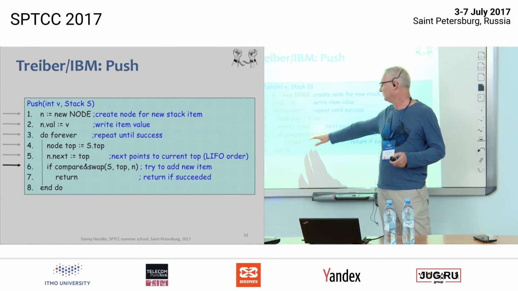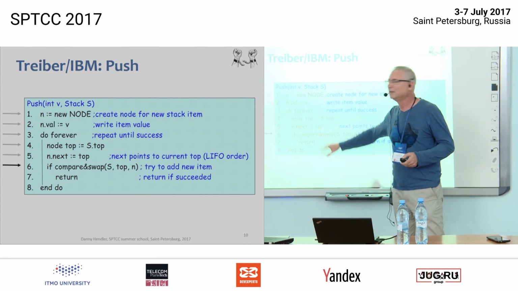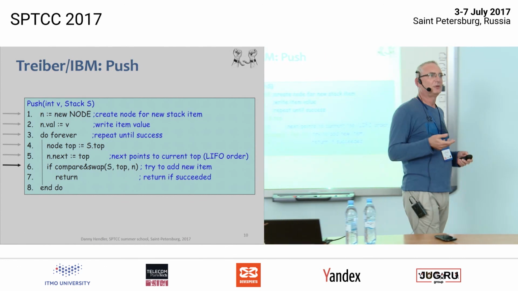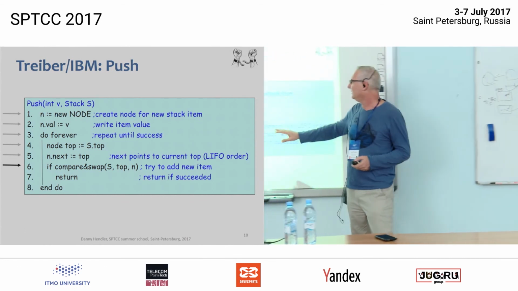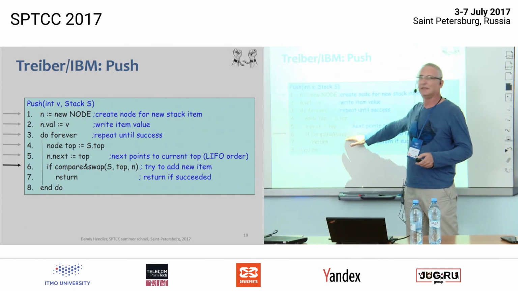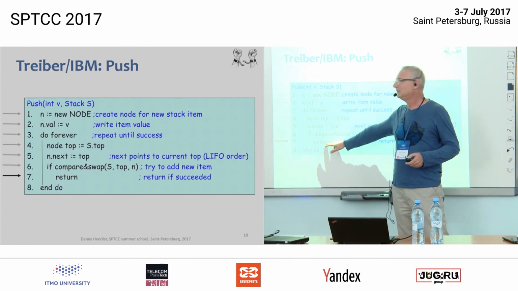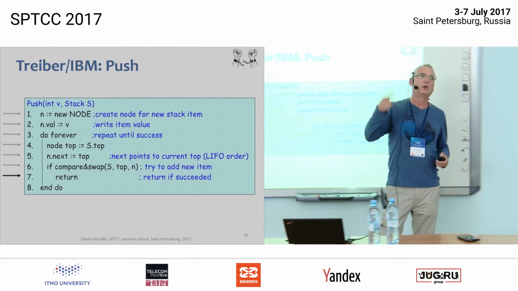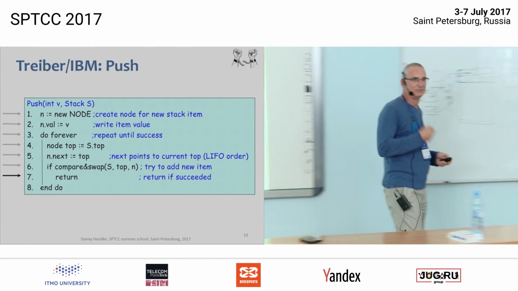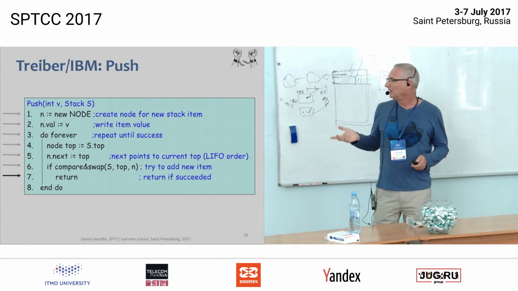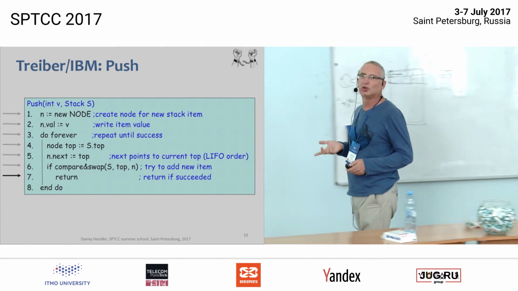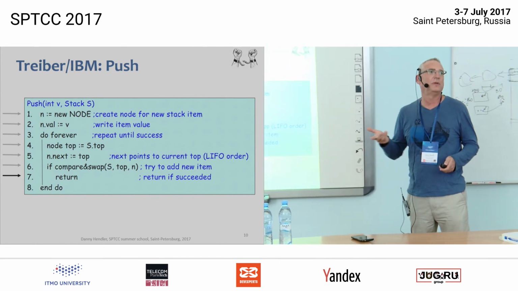Now, let me remind you that compare and swap returns a success or failure indication. So if it succeeded, then the operation returns. Otherwise, it will perform another iteration. But why should the push operation fail at all? What may cause it to fail?